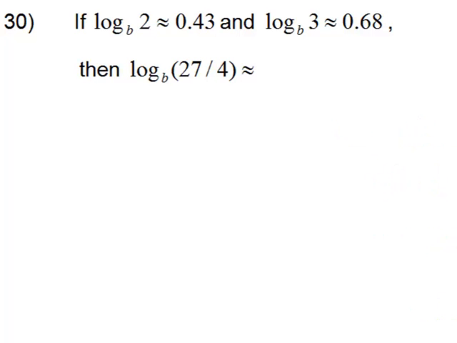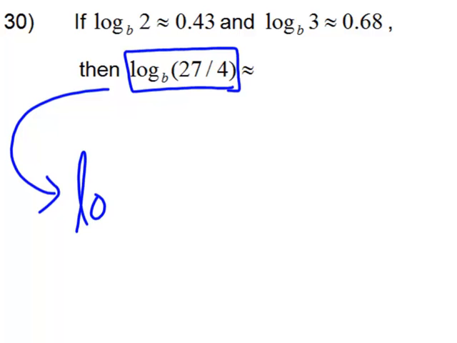All right, we're given a fairly simple log base b of 2, and a log base b of 3, and we're asked to find a little more complicated logarithm, log base b of 27/4. So let's focus on that little more complicated one that we're expected to approximate. That's log base b, and the 27 up top, that's 3 cubed, right?